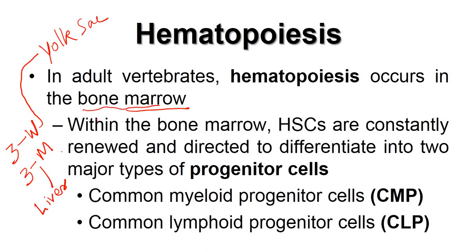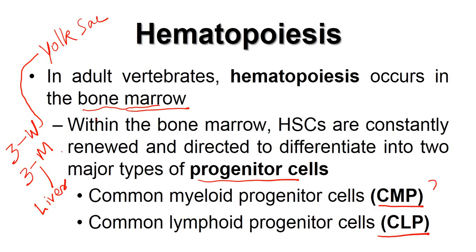Of course, the majority of the hematopoietic stem cells are continuously renewed and directed to differentiate into two major progenitor cells. These two major progenitor cells are the common myeloid progenitor cells, which we will abbreviate as CMP, and the common lymphoid progenitor cells, which we shall abbreviate as CLP.